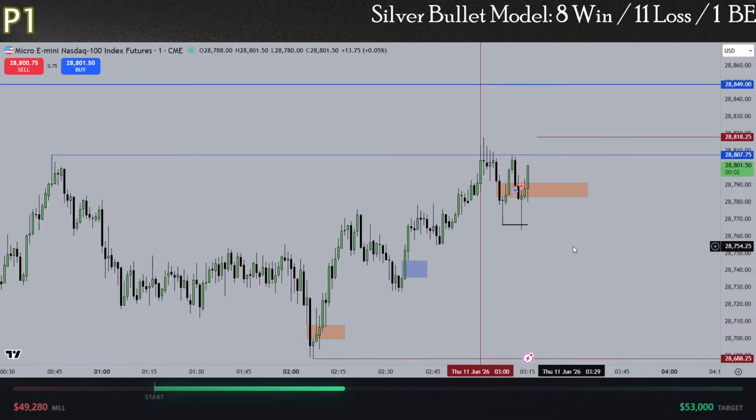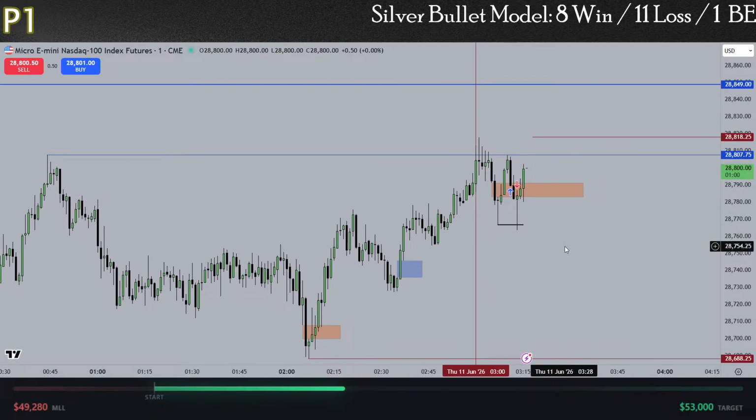So yeah, the idea, or how I see it, is that this was just a stop run here on this low, and it should just deliver now higher. This is the drop potentially. If that's the case, then it is what it is, right? But yeah, we'll see. We'll see.